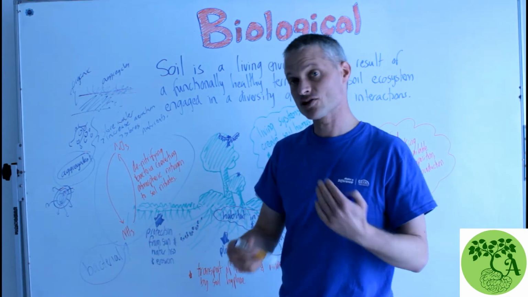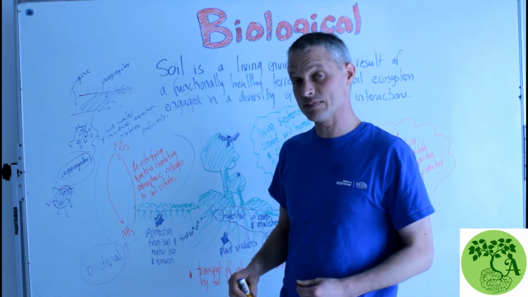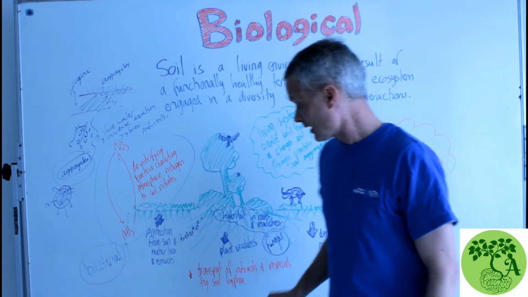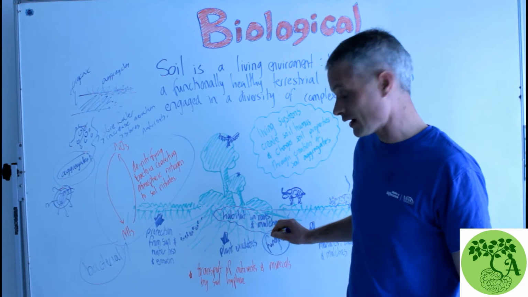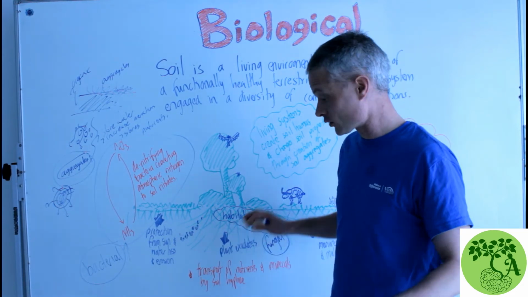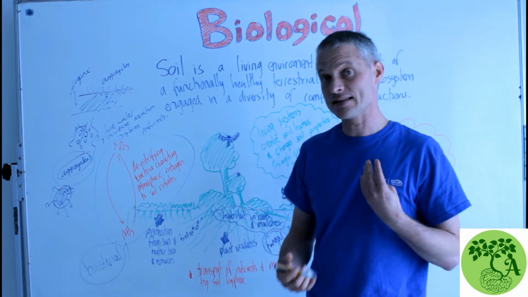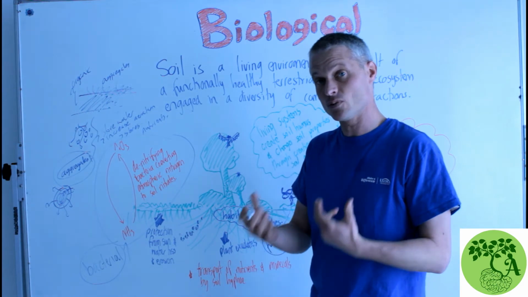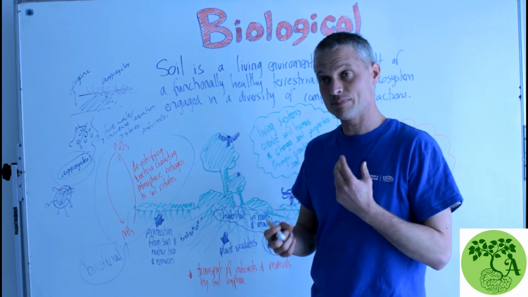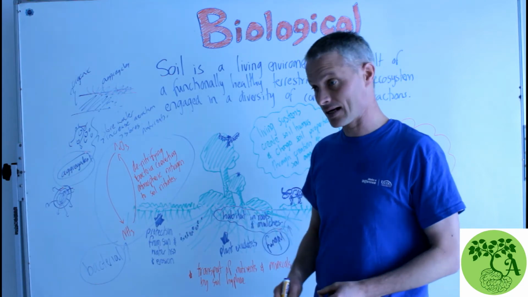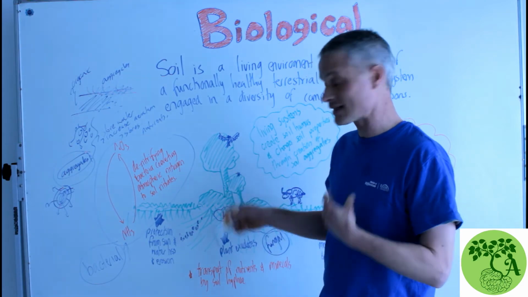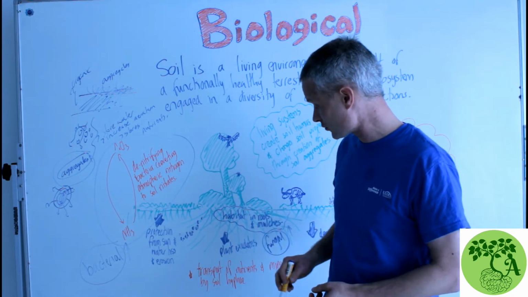So a more pastoral grassland type system tends to be dominated by bacteria, whereas a woodland or a forested system tends to be dominated by fungal microorganisms, because they're the things in nature that can break down the woody matter and break down the lignin in wood to release the nutrients within more cellulose dominated plant material.